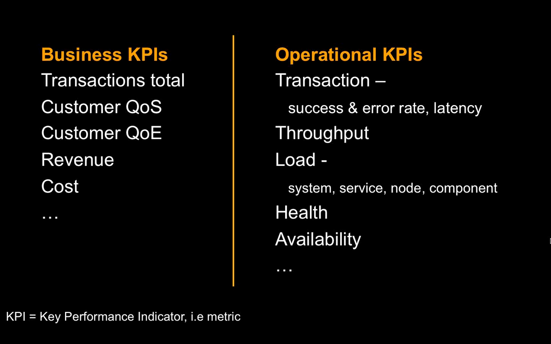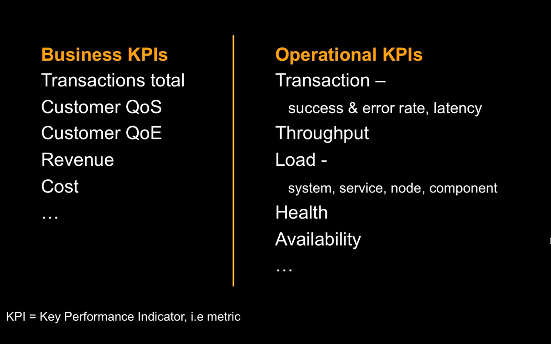This is very important. This is a high-level metric showing you what is the actual service level that you are providing for your customers. And then, going forward from that, is customer quality of experience. Do they have a good experience, bad experience?